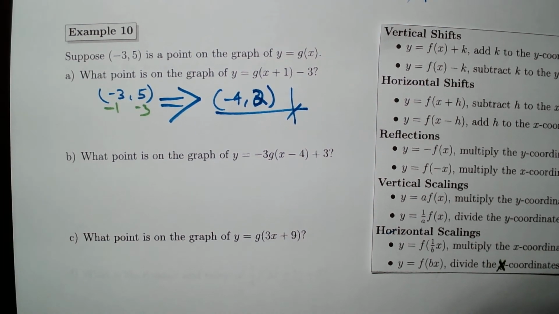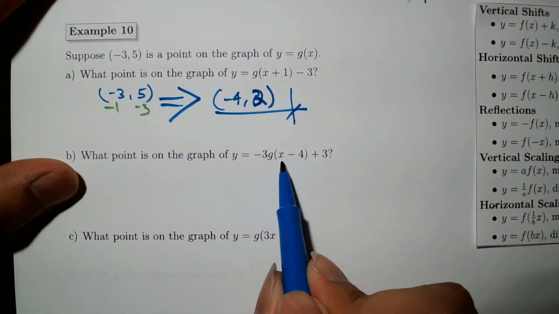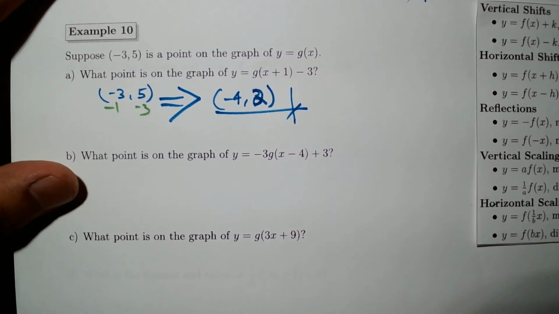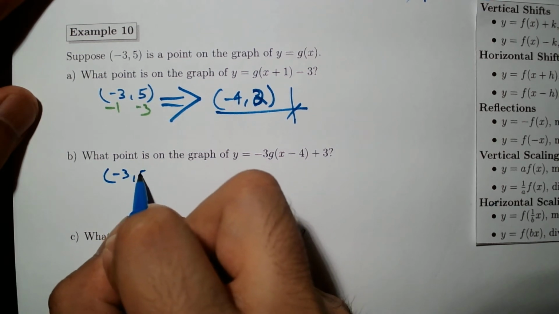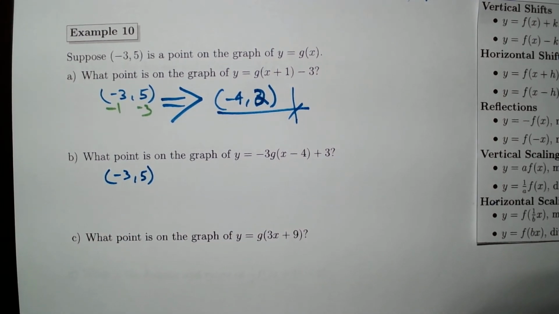All right, the first thing we do, I'm going to do one at a time here. I'm going to take (-3, 5), and what I'm going to do first is the shifting.